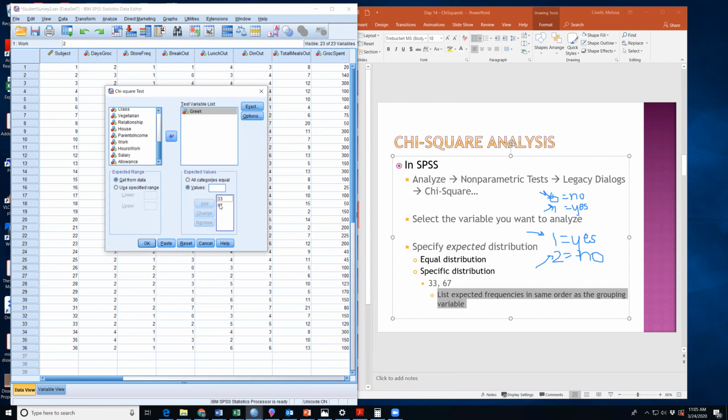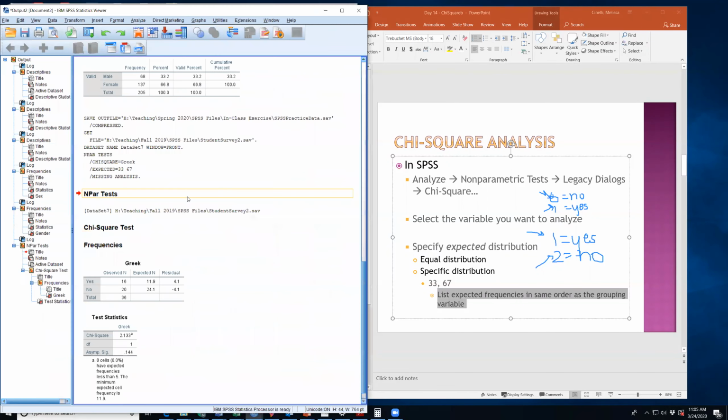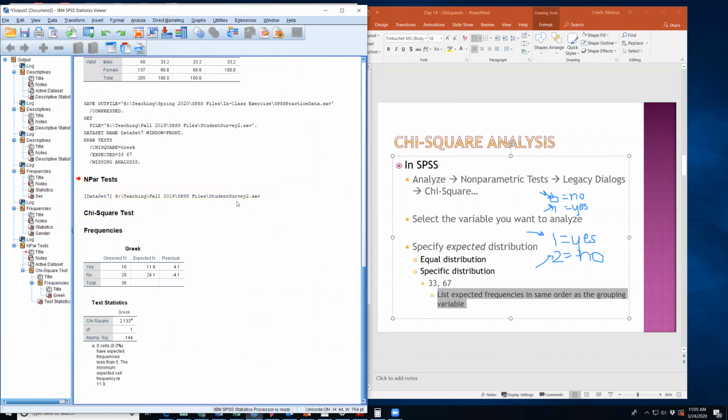So now we can see our expected values here: 33% yes, 67% no. At this point, we just click OK, and SPSS is going to compare this observed distribution against this expected distribution. Here is the result of this chi-square test. Let me show you what's happening in here.